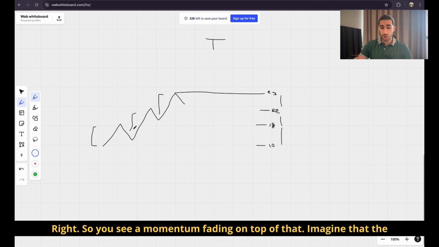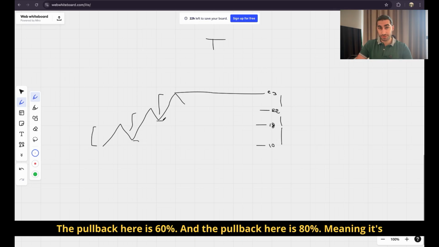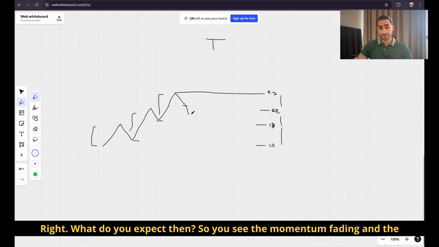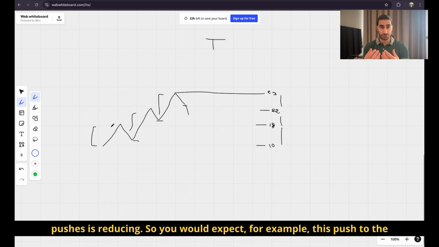So you see a momentum fading. On top of that, imagine that the pullback here is 50%, the pullback here is 60%, and the pullback here is 80%, meaning it's going to pull back a bit lower, right? What do you expect then? So you see the momentum fading and the power of the pushes is reducing.